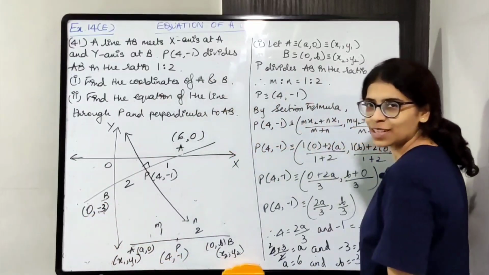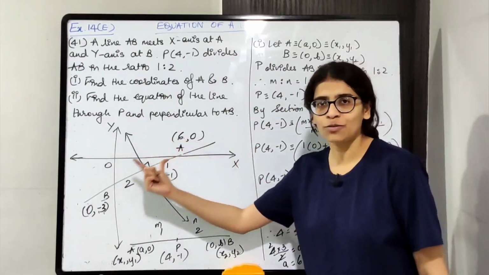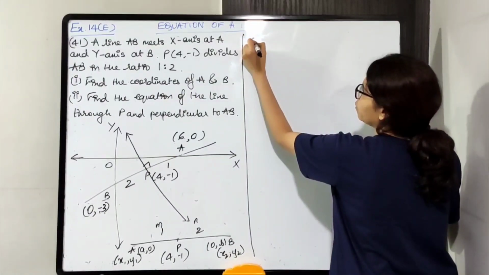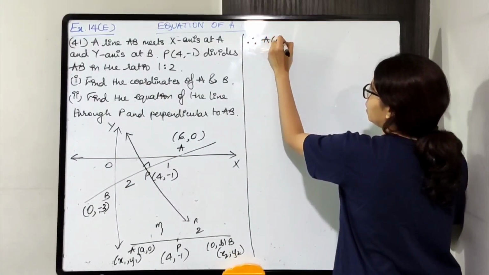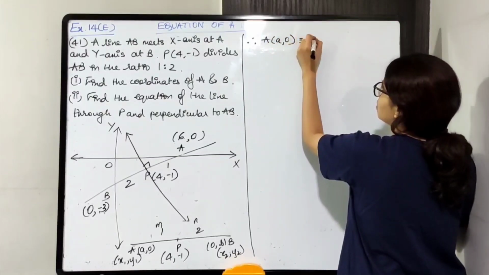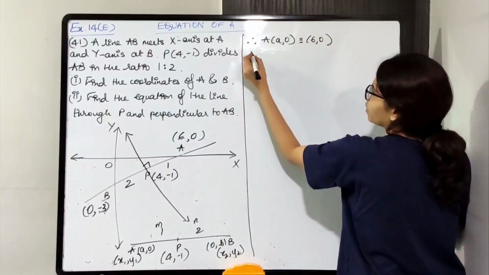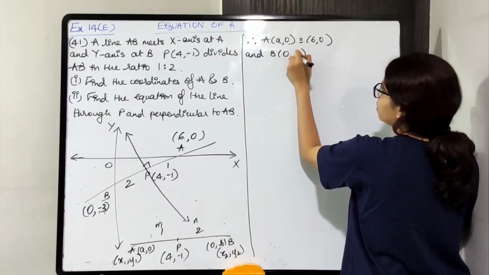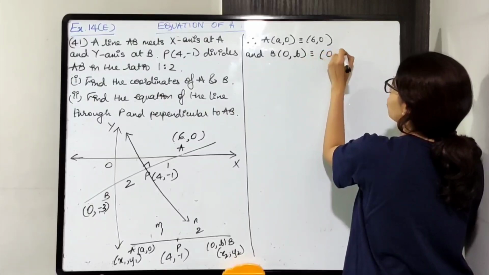Okay, so now we got the coordinates of a and b. All right, we have to write it down now. So therefore a comma 0 is 6 comma 0 and b 0 comma b is 0 comma -3.